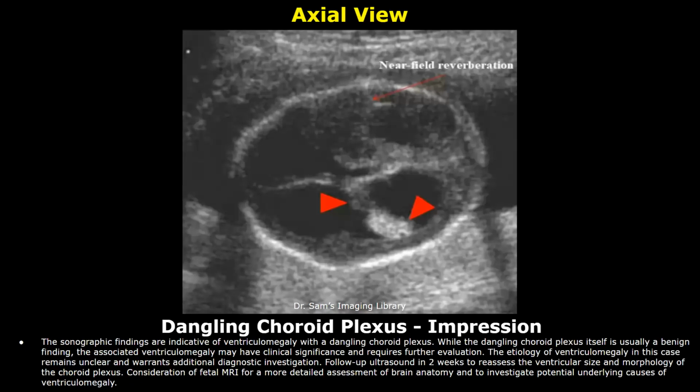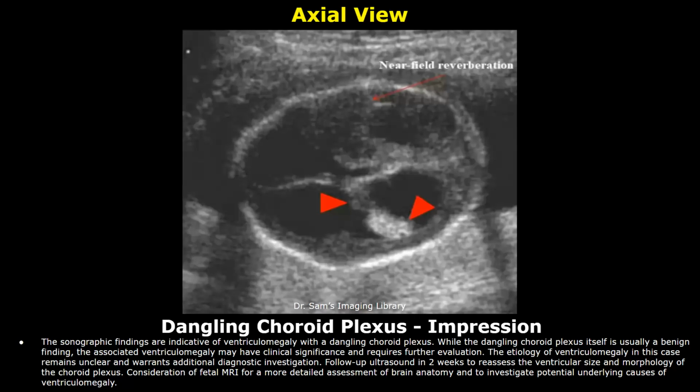This is the impression. The sonographic findings are indicative of ventriculomegaly with a dangling choroid plexus. While the dangling choroid plexus itself is usually a benign finding, the associated ventriculomegaly may have clinical significance and requires further evaluation.